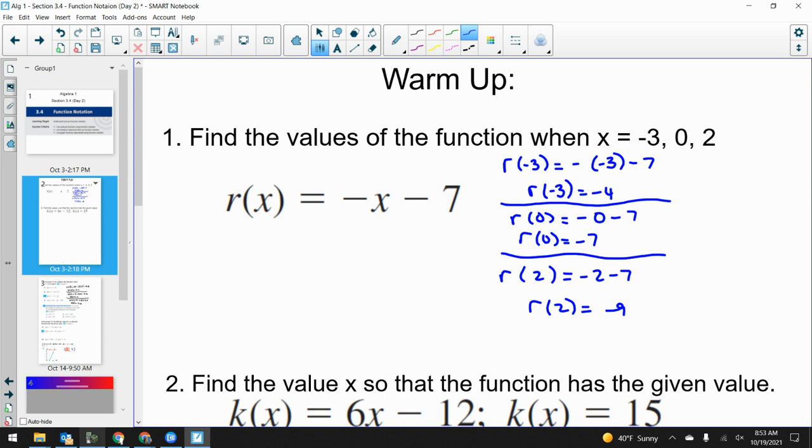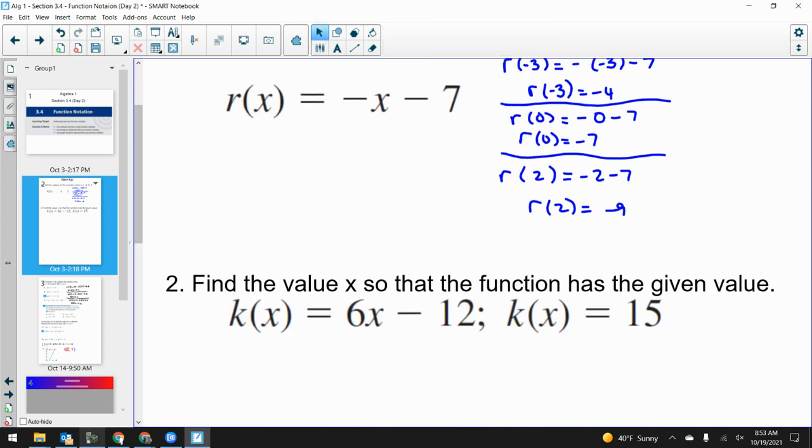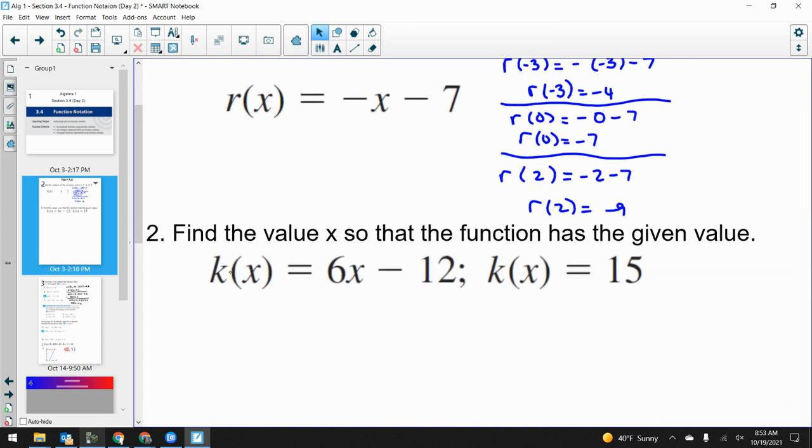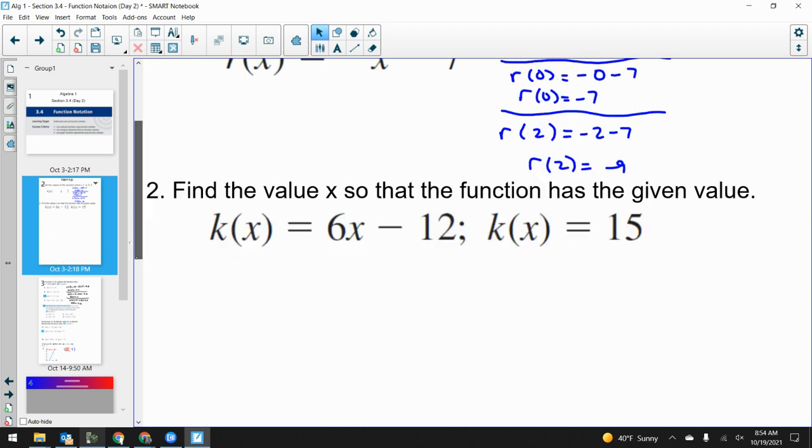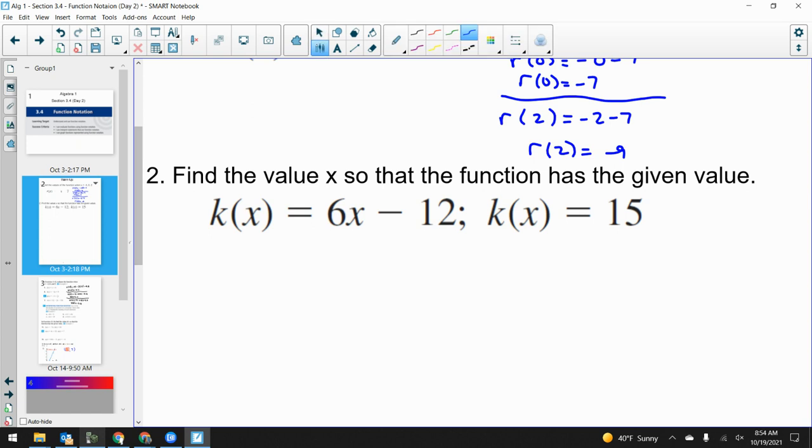Okay, let's find number 2 here. K of x is equal to 6x minus 12, and k of x is 15. Let's solve that one. If my function is 6x minus 12, my output is 6x minus 12, and I want to know when the output is equal to 15. Well, I can just say 6x minus 12 is equal to 15, and then solve for x.